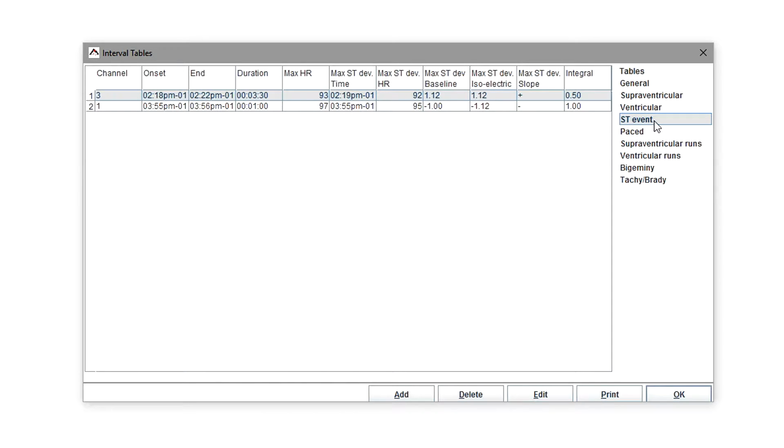ST event. This table lists the ST segment events that were detected during the Holter test.